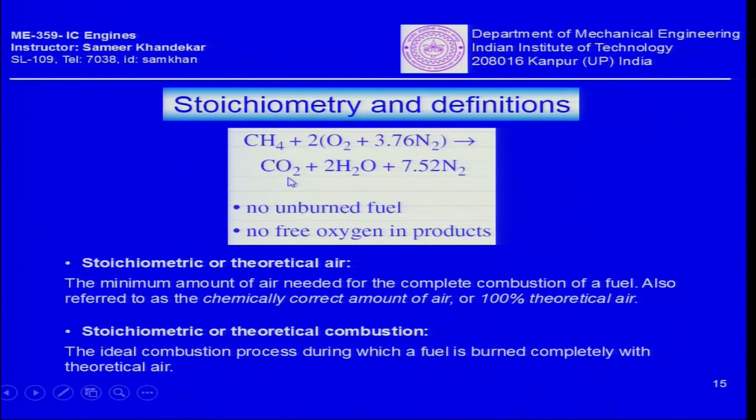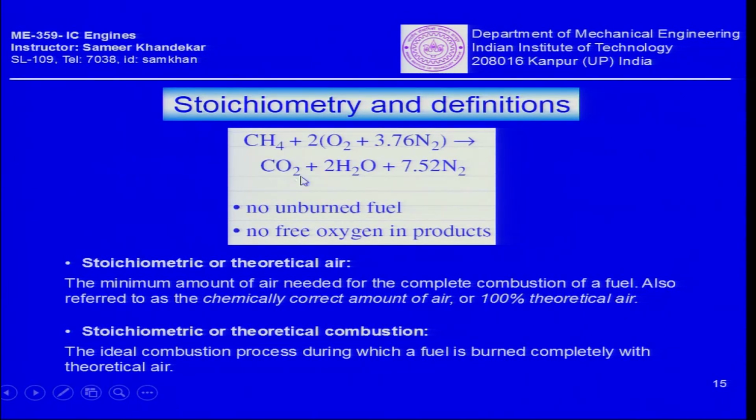For example, some CO may also come. So unless we define a basis, that means unless we define what is theoretically correct, we will not be able to analyze real time systems. The real time systems will have unburnt fuel, and several products of combustion which are away from CO2 and H2O.